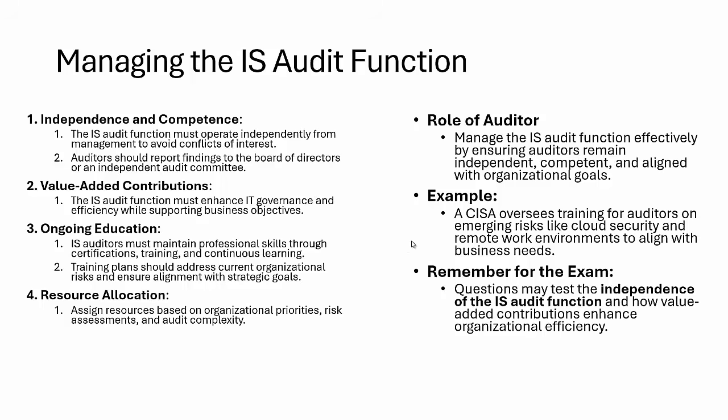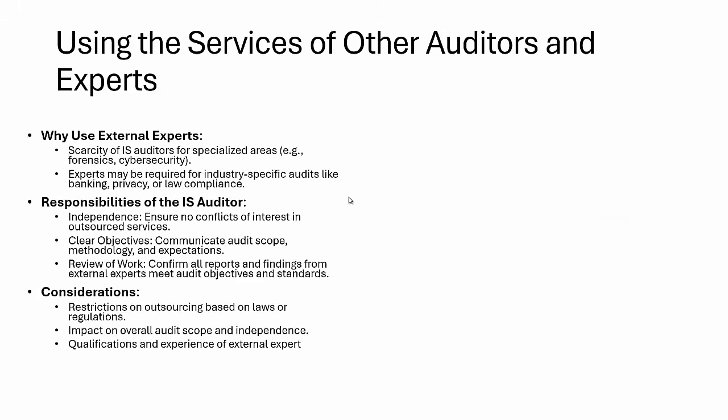Ultimately, but sometimes what happens is we might use external auditors. We might need to use external auditors sometimes, because when we have some specialized audit, like now we are in 2025, we have some AI ML. So my auditor is not up to date on what is AI, what is ML. So in that case, I will involve an external auditor. And this is what you need to know from the exam point of view. In which conditions do we involve an external auditor?